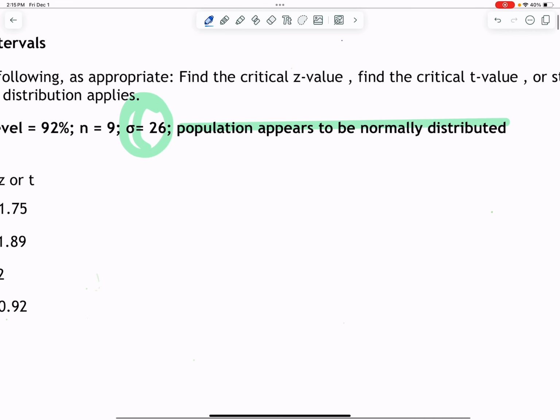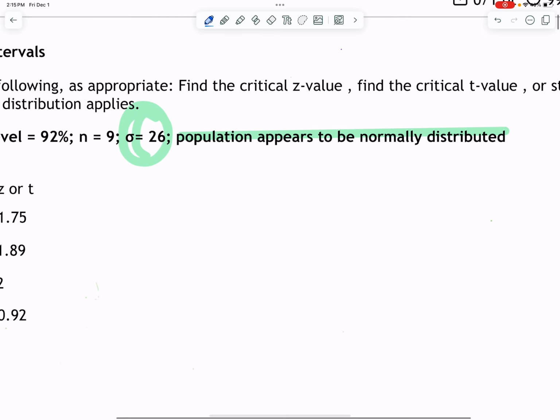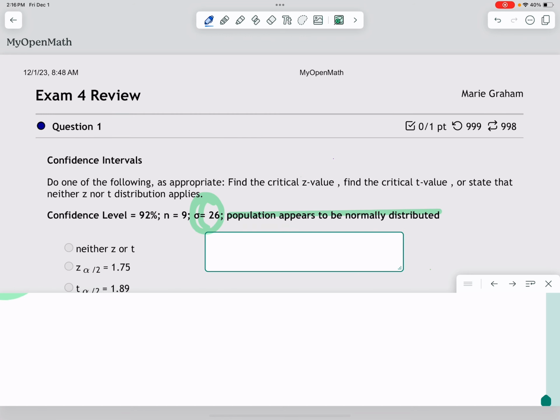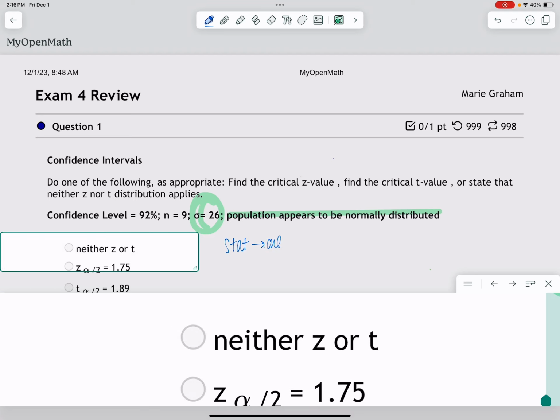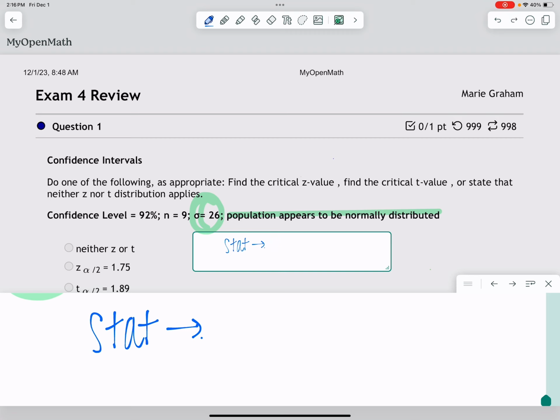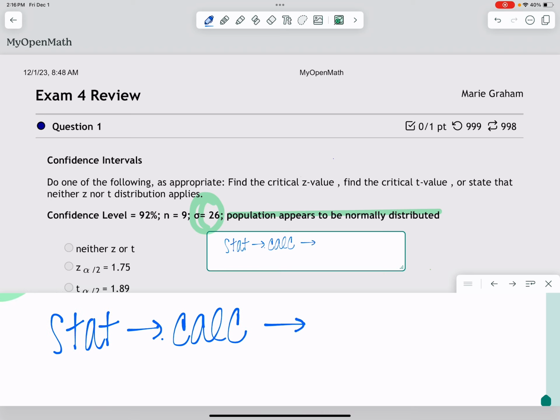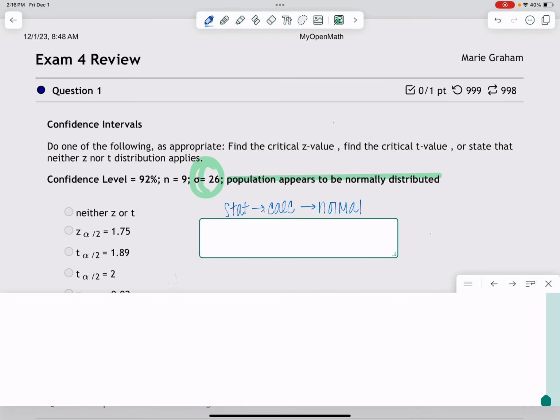So when I do that, and this is kind of what my screen looks like, I went to Stat, calculator, normal, mean was 0. We left standard deviation at 1.